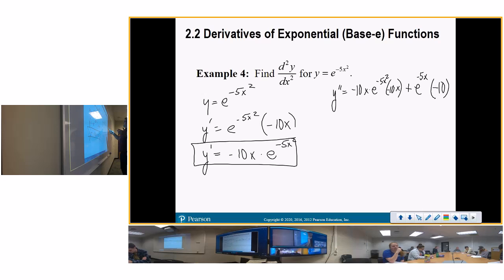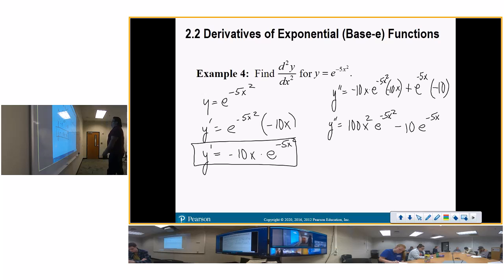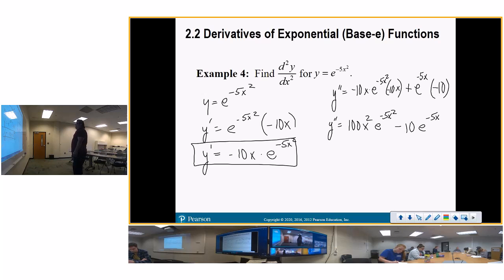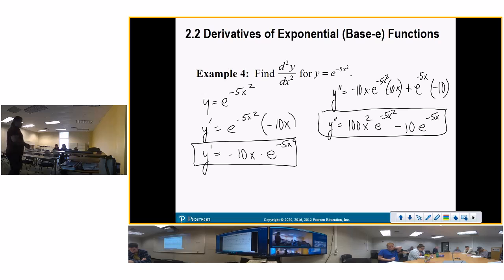And now y double prime is equal to, you're going to multiply 10x times 10x, which will be 100x squared. 100x squared e to the negative 5x squared minus 10 e to the negative 5x squared. You probably might factor out a negative 10, but I'm not going to worry about that because that's algebra. So there's your double prime.